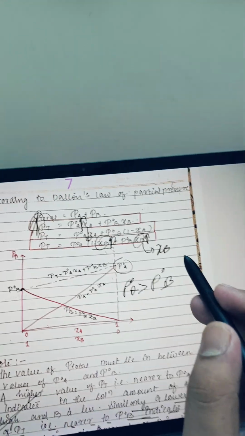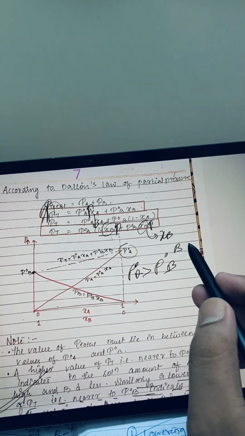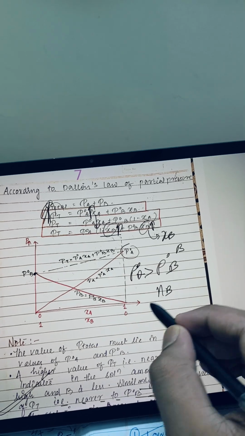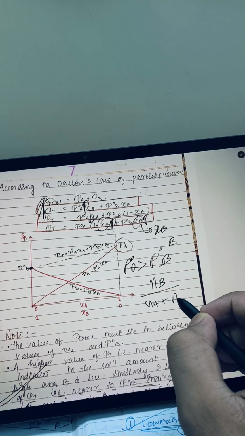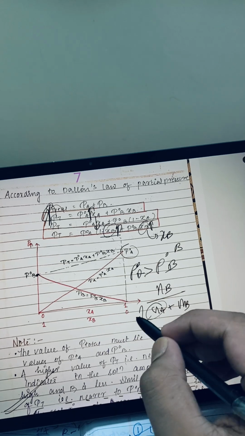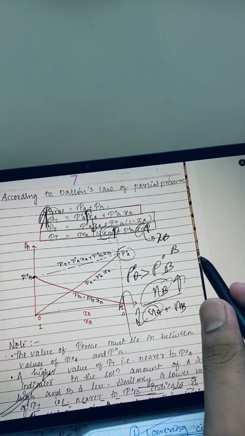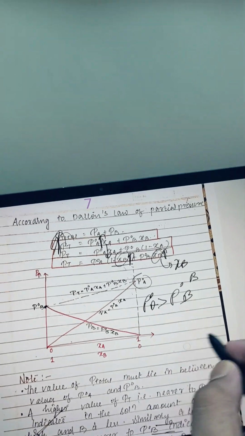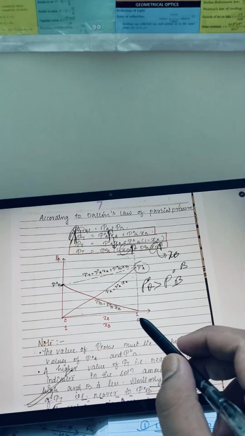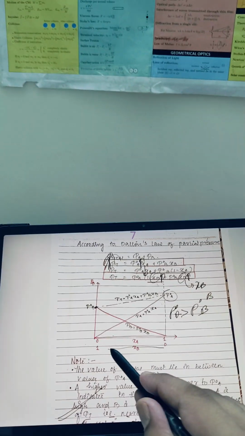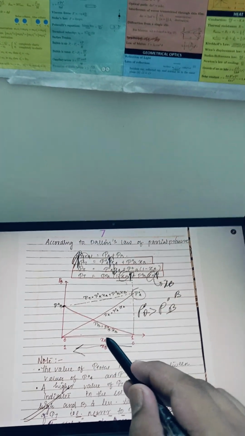So at that point B is more and A is less, because chi B is NB by NA plus NB: NA is decreasing and NB is increasing, so chi B is increasing. Basically, chi B is increasing from 0 to 1 and chi A is decreasing from 1 to 0.